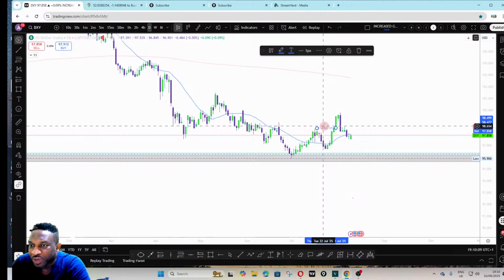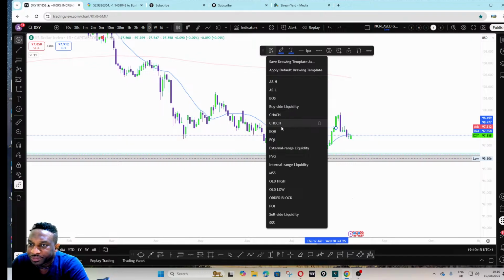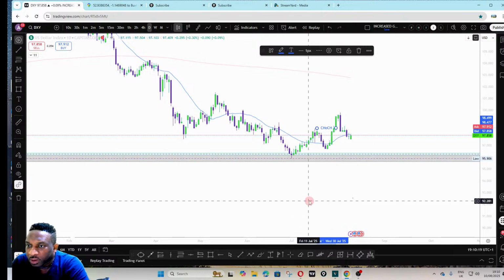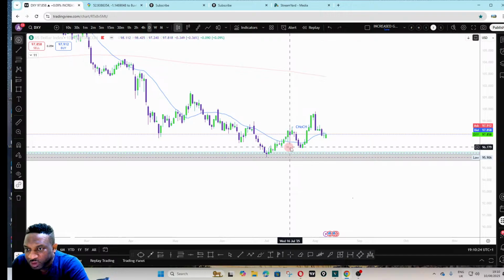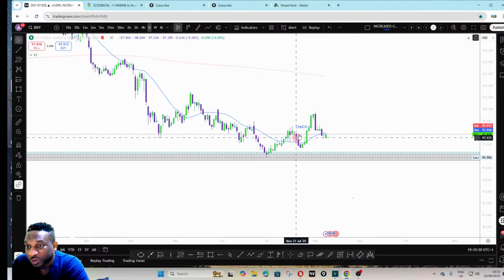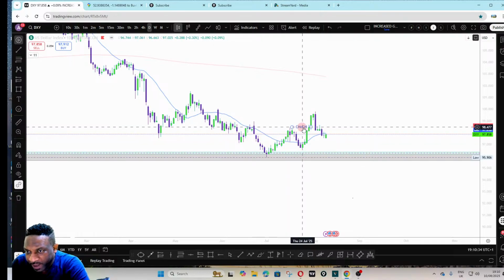That break of structure, we had the origin. So we put it as a change of character. That's the first push up after this. We call it change of character or market structure shift. So we had this break here.